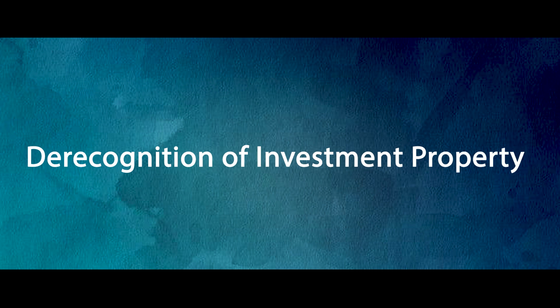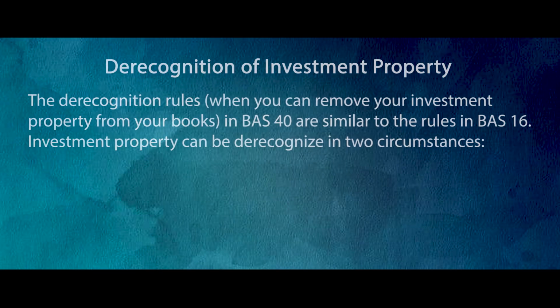Derecognition of investment property. When can a company derecognize or remove their investment property from the books of accounts? The derecognition rules in BAS 40 are similar to the rules in BAS 16. Investment property can be derecognized in 2 circumstances.